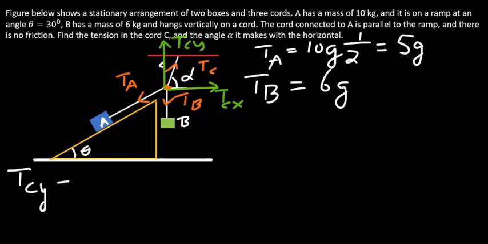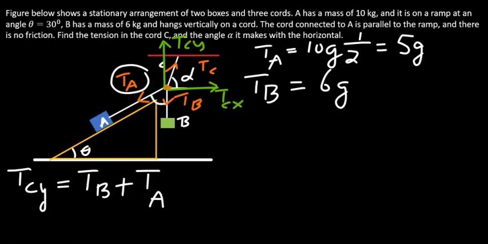So we write TCY equals TB plus the Y component of TA, which is TA cosine of that angle. Cosine of that equals sine of that, which is sine of theta. So TA sine 30 degrees.